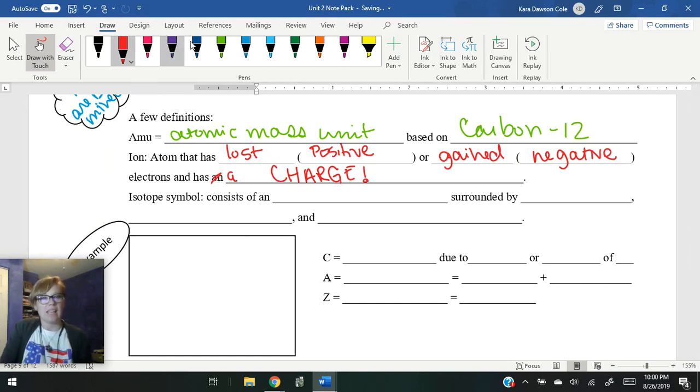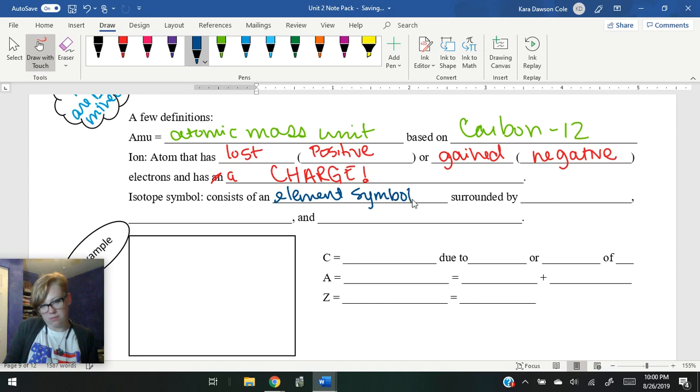So, the isotope symbol. This guy consists of an element symbol surrounded by the atomic number, mass number, and charge.